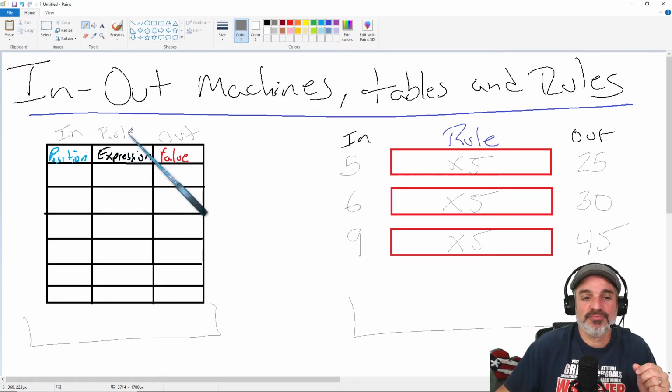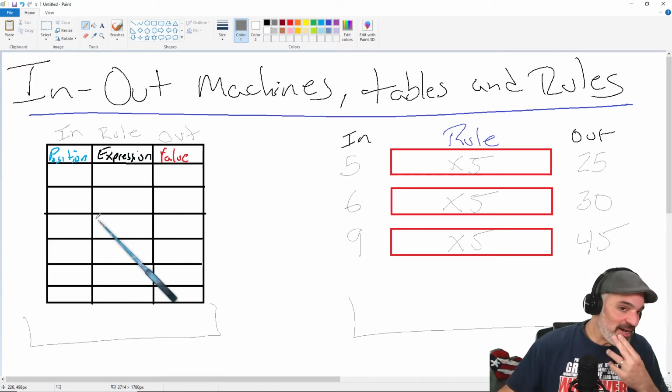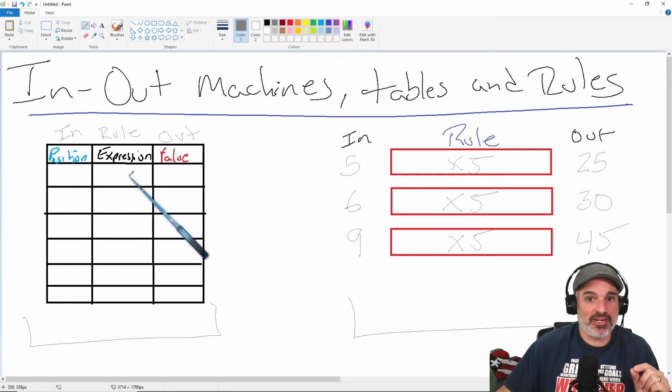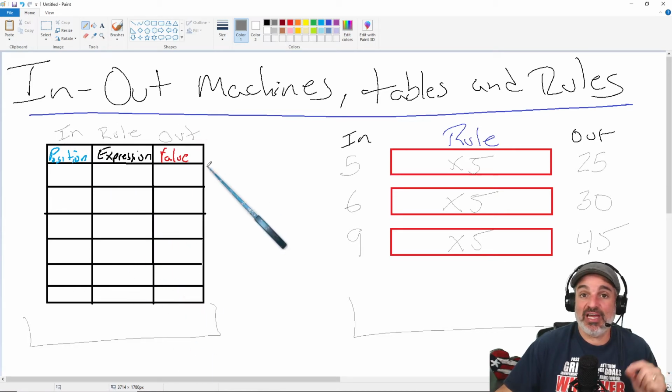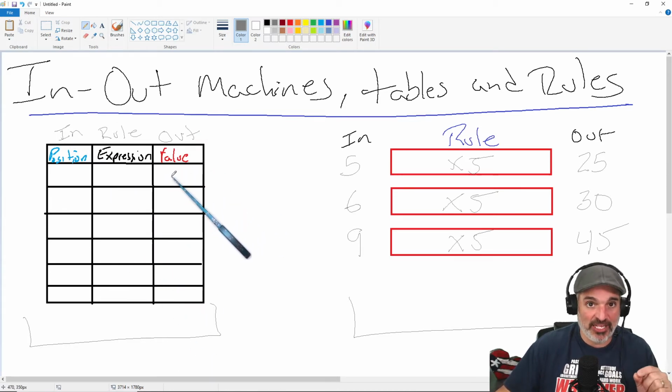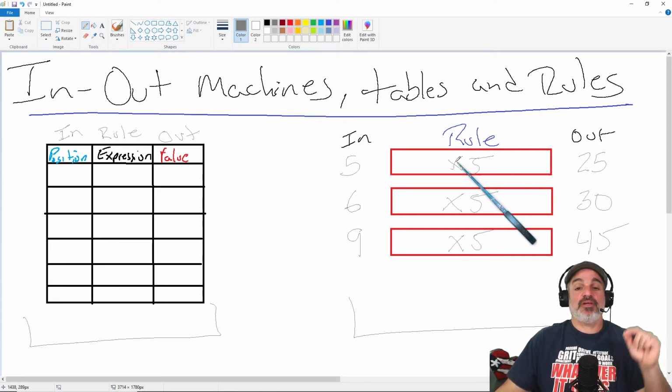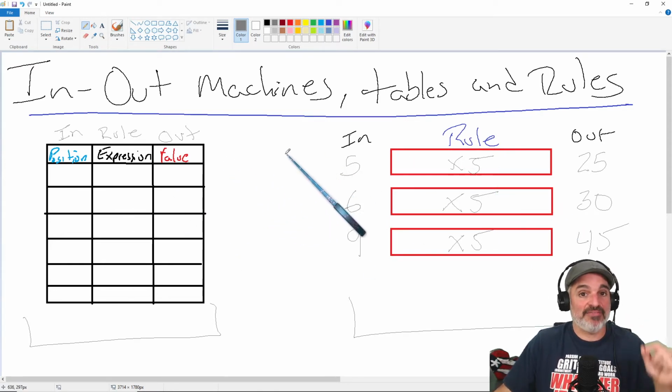Okay, so the important thing here, guys, is that the part of the expression that turns the in into the out cannot change. It has to be the same because the rules always have to be the same.